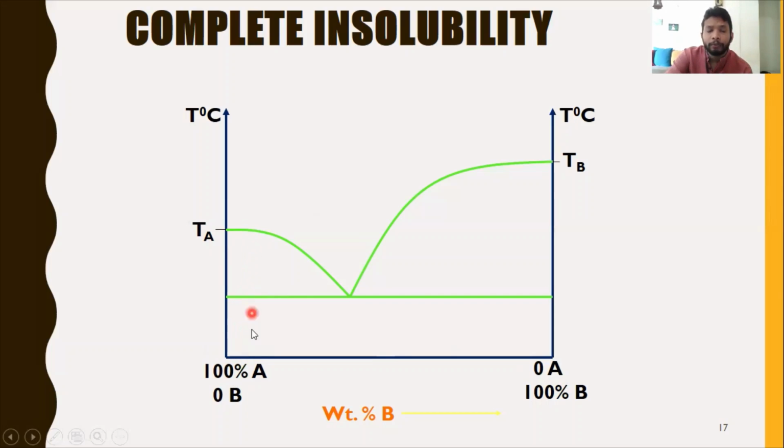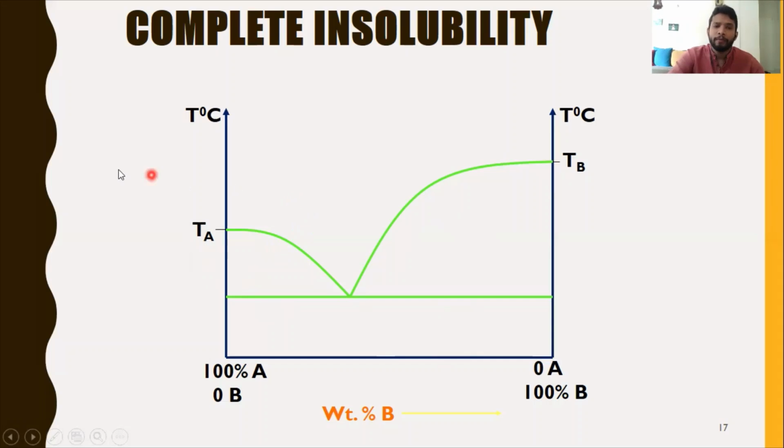Likewise you will get each and every point by changing the composition of these two materials. Somewhere here, let's say, you can assume this is 25% A and 75% B. So this is the point you get. Connecting all these points, you will get this graph. I hope you understand.